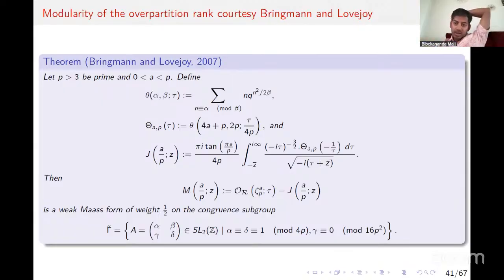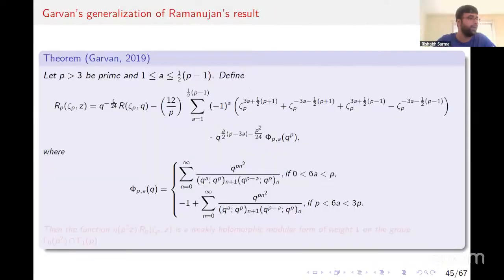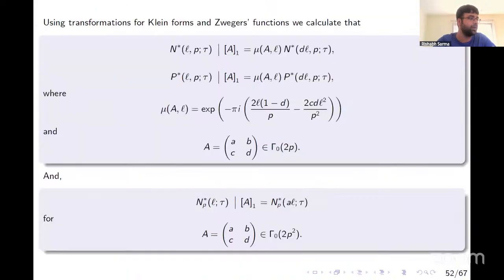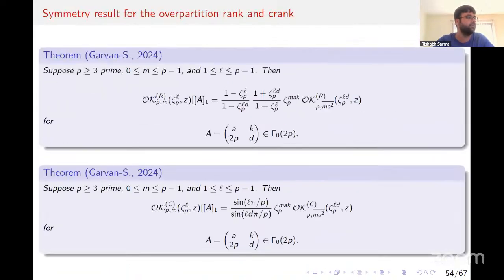The other thing is, if I go back to my result with Professor Garvan, this kind of a result, right? This one. The congruence subgroup has to be 2p, but it is not necessary to consider 2p here.